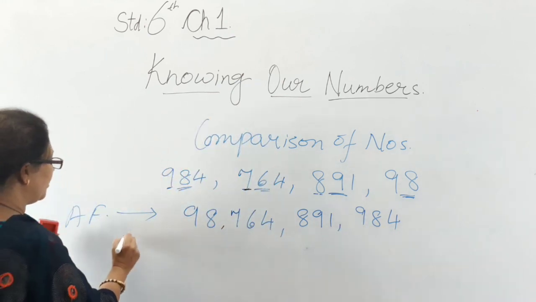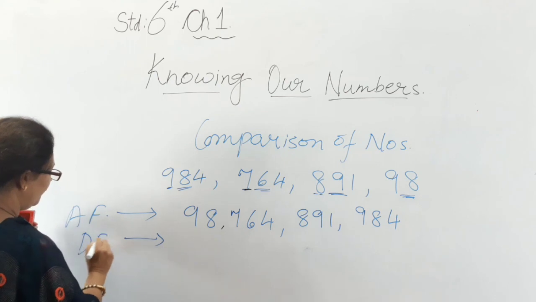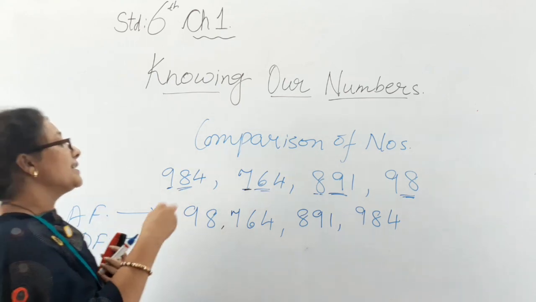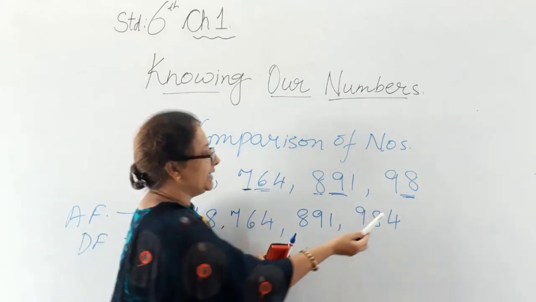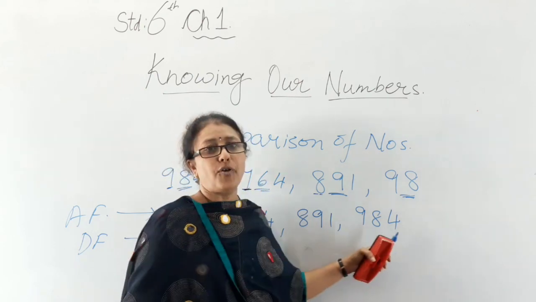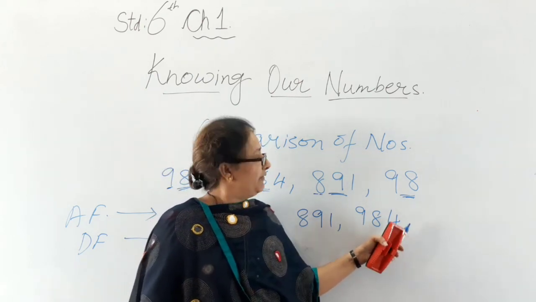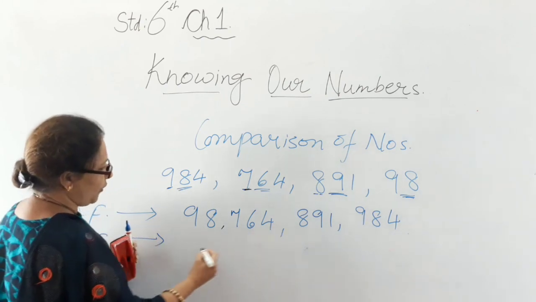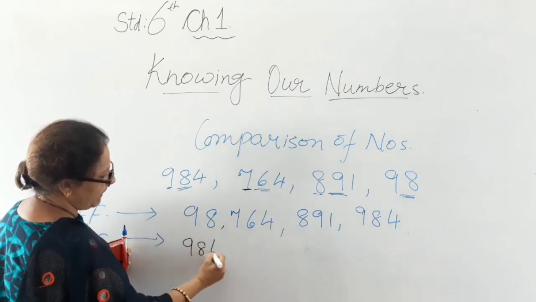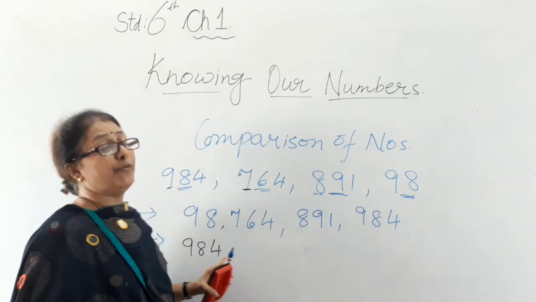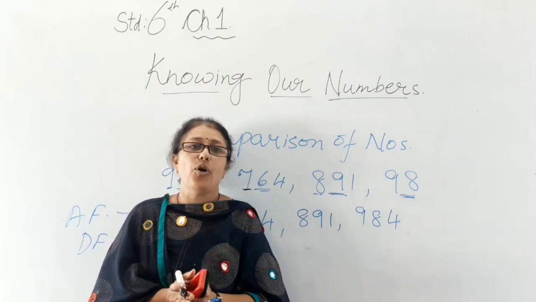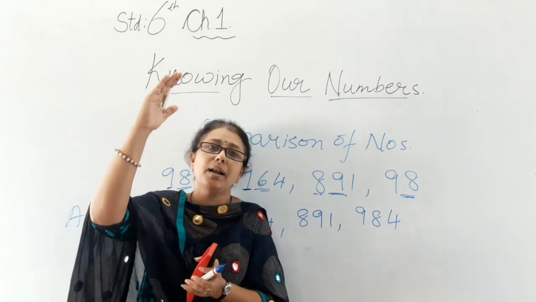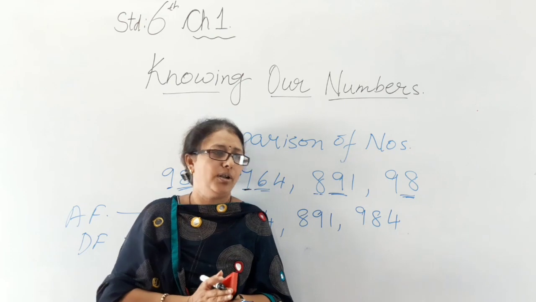And when I am going to find its descending form, what will happen? If I am using the same numbers, automatically the last number in ascending form becomes the first in the descending form. So in the descending form, my answer will be 984. Why? In descending form, students, we go from the bigger number to the smaller number.